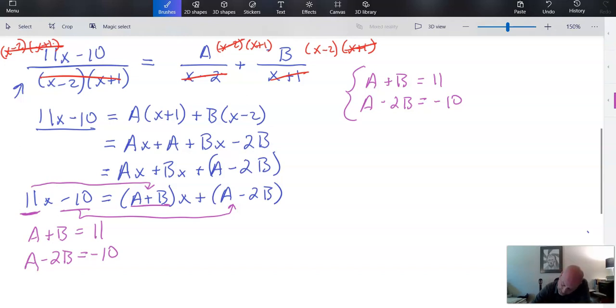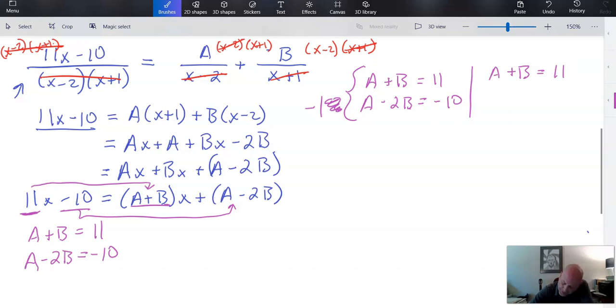Let's do it this way. I'm going to multiply the second equation by negative 2. Actually, no, not by negative 2, by negative 1. Sorry, I was thinking the wrong way. So the top equation doesn't change: A plus B equals 11.